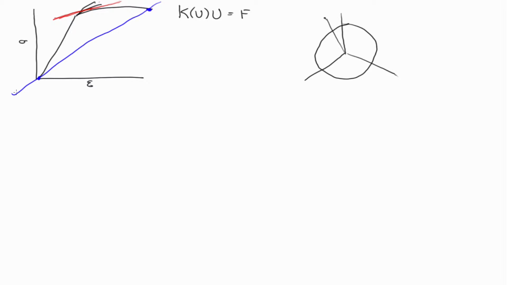If we're inside, we're elastic. We just accept that step and move forward. If we're outside, we have to get ourselves back onto the yield surface. And we do that, remember this distance was something like delta lambda, right? So this is sort of an increment of plastic strain that's going to return us back to the yield surface.